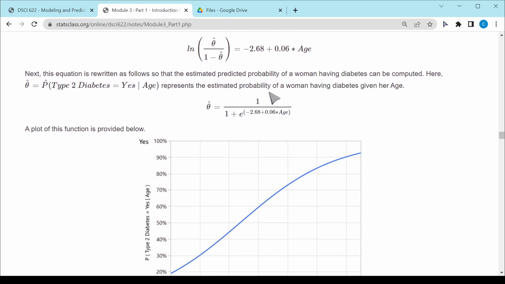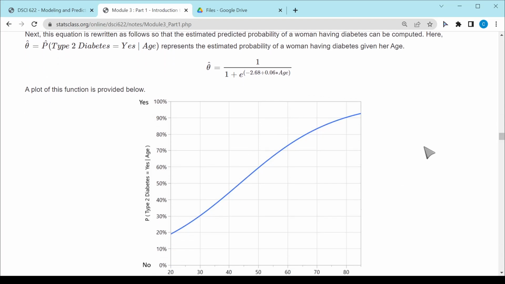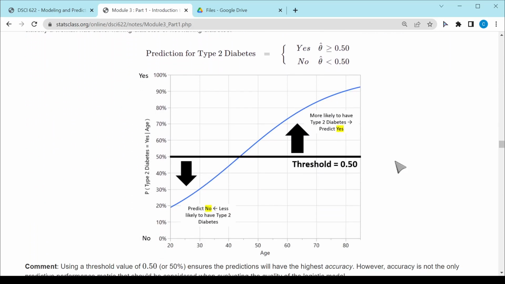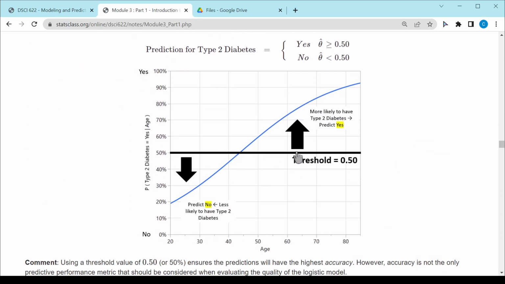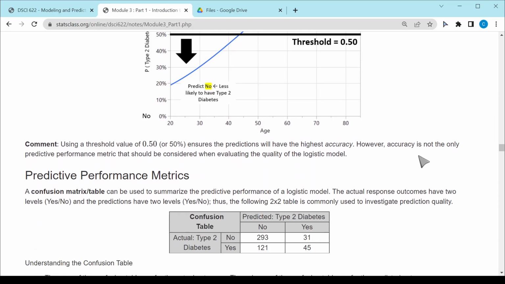And this right here, negative 2.68 plus 0.06 times age, is this function right here: 1 all over 1 plus e. All of that gives me this nice logistic curve. As I've already talked about, once I exceed a particular threshold, I'm going to predict them to have diabetes, and over here I'm going to predict them not to have diabetes. We're going to talk quite a bit later in this module about what my threshold value should be. Here I'm just leaving it at 50%, but we're going to talk more about that down below.